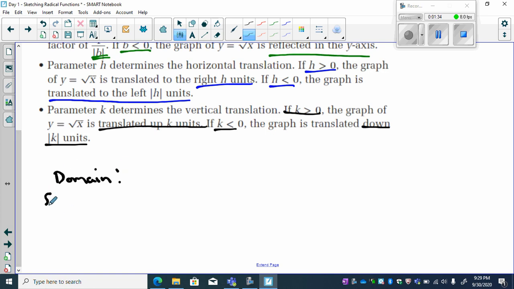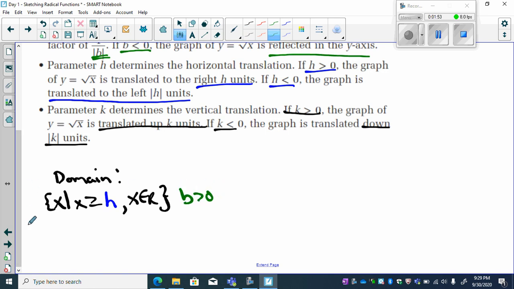The domain will always be x such that x is greater than or equal to your h value, x belongs to the real numbers, and that is when your b value is a positive.